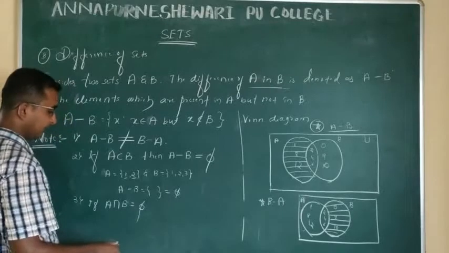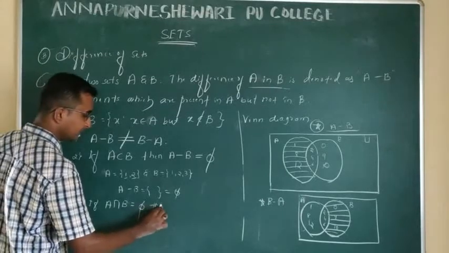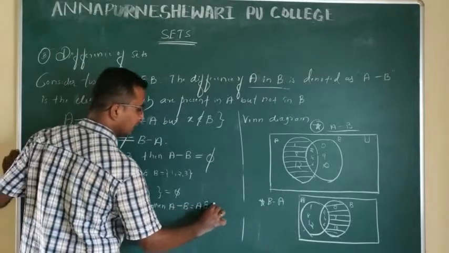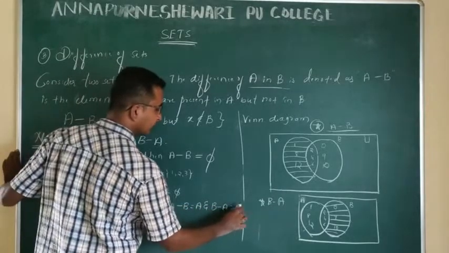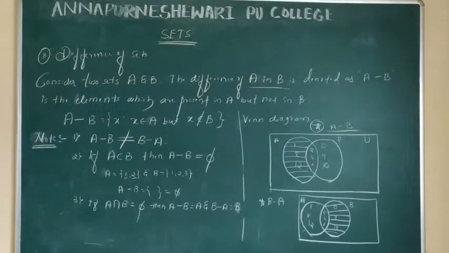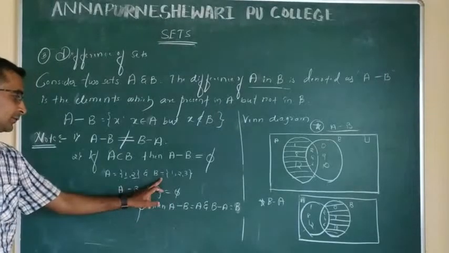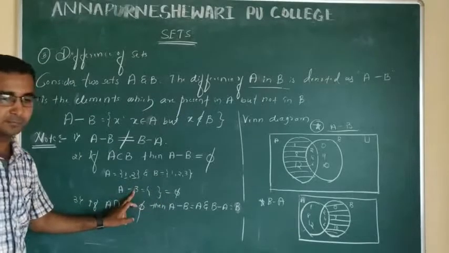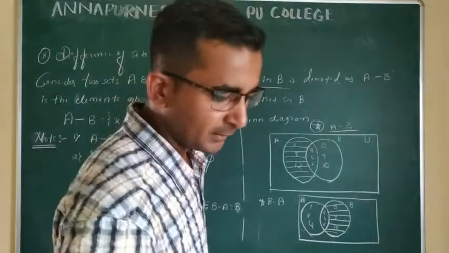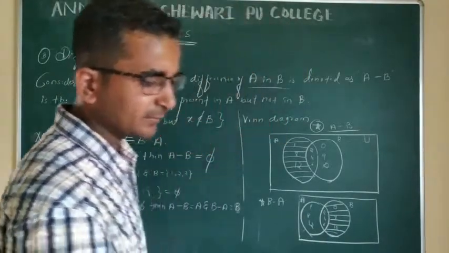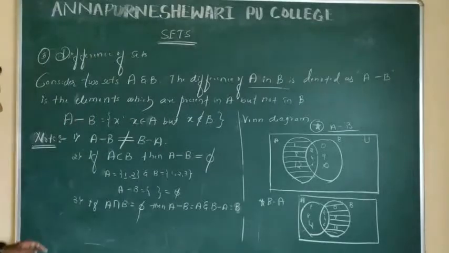If A intersection B is the null set, then A minus B is equal to A, and B minus A is equal to B. You can take examples for this. A minus B is equal to A minus the A intersection B. Okay, sorry.